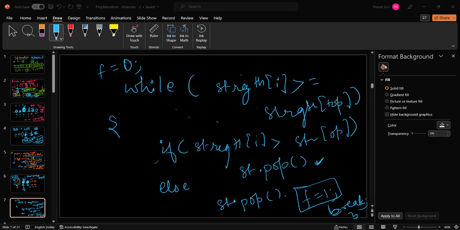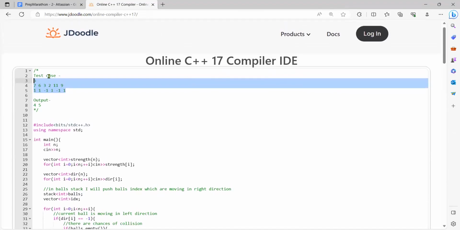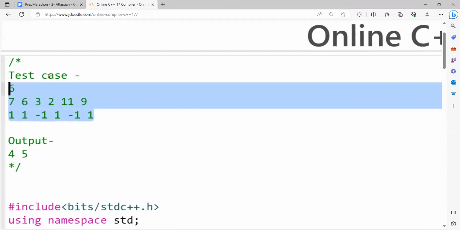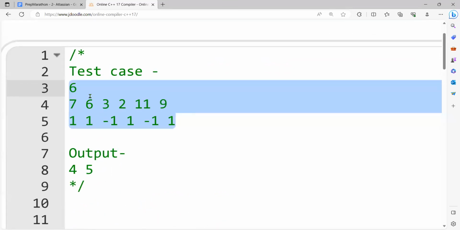Before that, let us take this test case. Let me share the code also. So here is the test case.